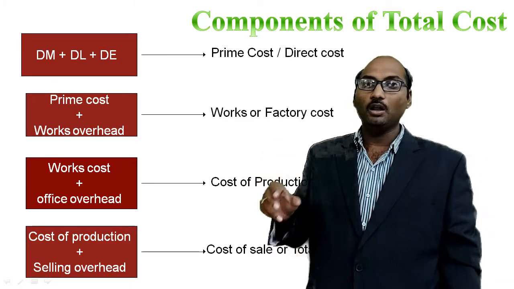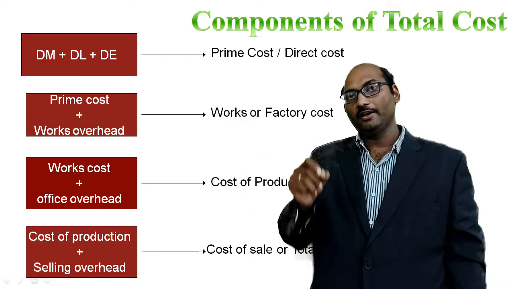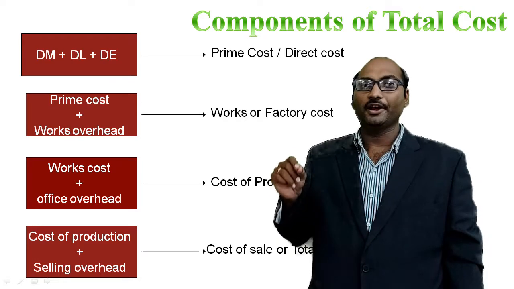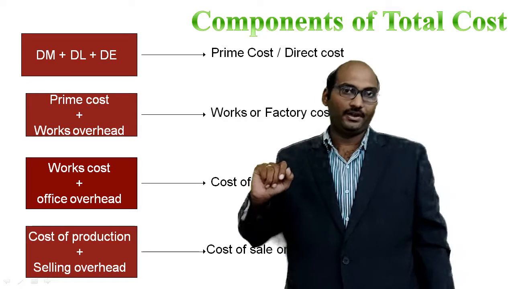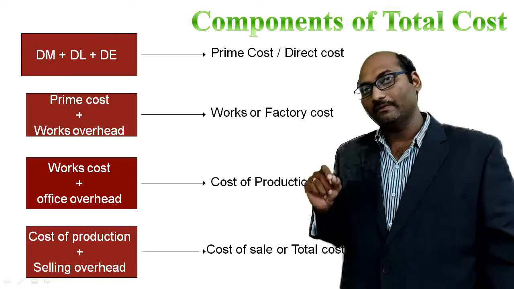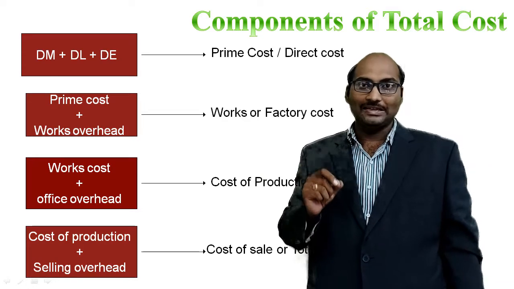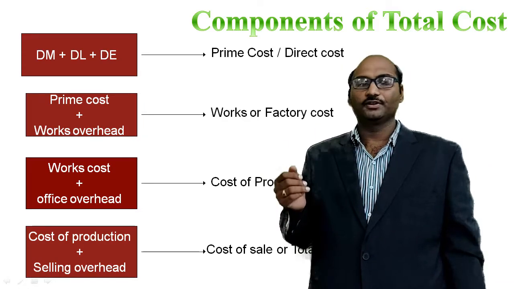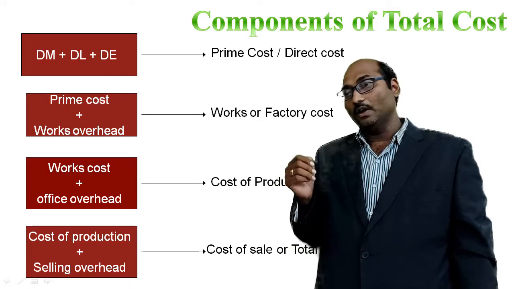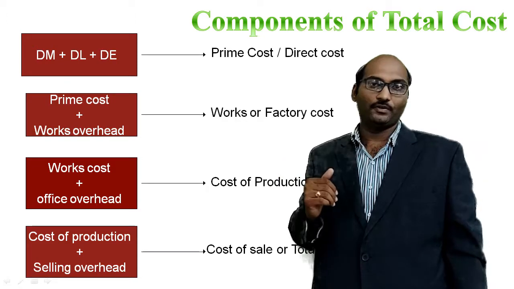All the indirect ones together will be called overheads. These overheads are further classified based on functionality as factory overheads, also called works overheads, and then the administrative overheads, and then the selling and distribution overheads.